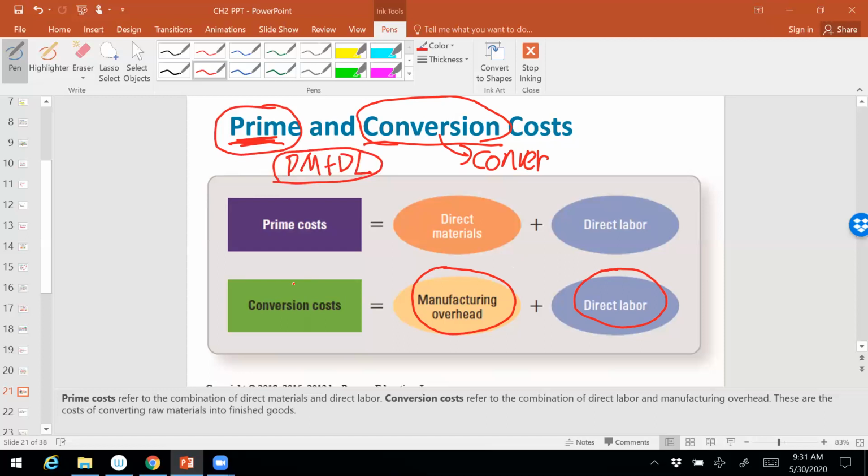So we put manufacturing overhead and direct labor together as our conversion cost, which converts material to product. We don't have material here because it's the part that will be converted. The sum of these two will be our conversion cost.